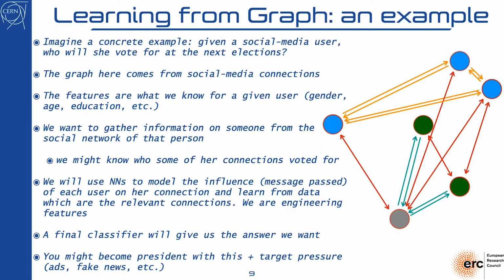So you can imagine that there is a message, some influence that the connection is playing on the person that you're focusing on. So we talk about a message as a function of the features of user one, the sending user, and the features of the receiving user. And so for a given user, as a receiver, you would like to gather the information sent to this person from all the others. Okay?